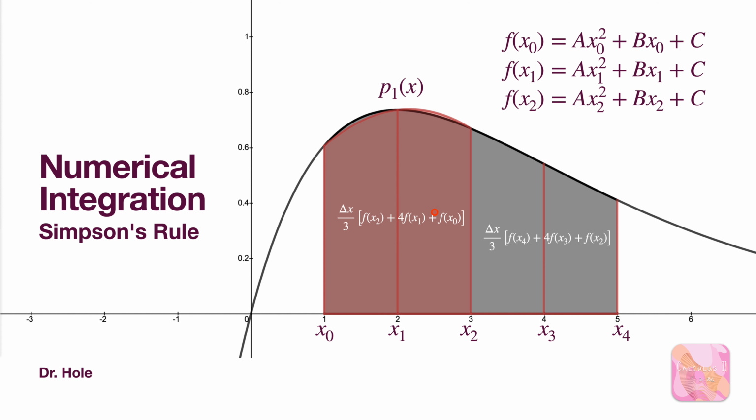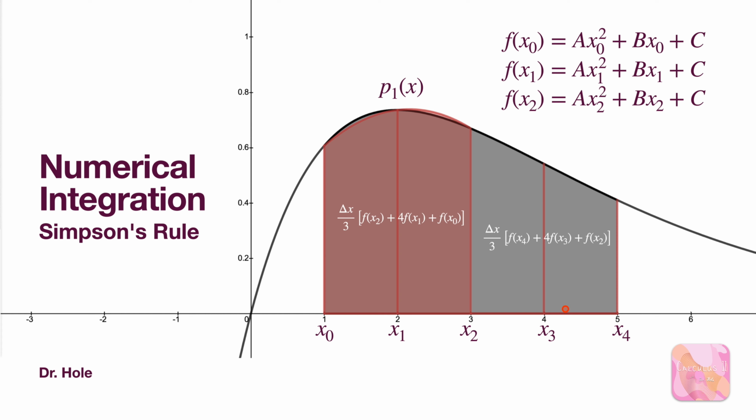And following exactly the arguments that we just went through, we can find that that approximation would be delta x over 3, then f at x4, the ending height, 4 copies of the middle height, and 1 copy of the original height, or the left endpoint height.